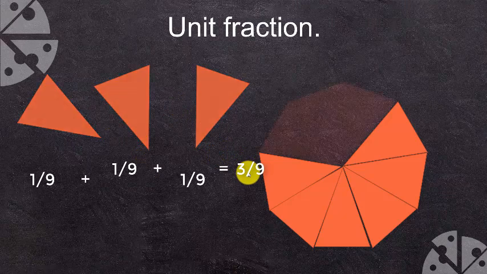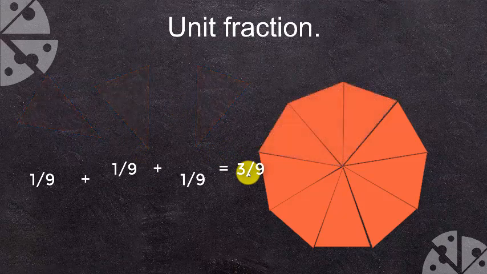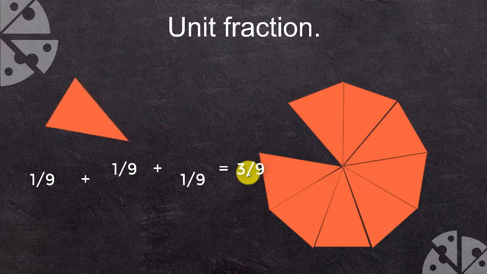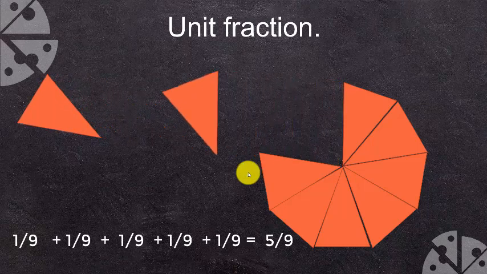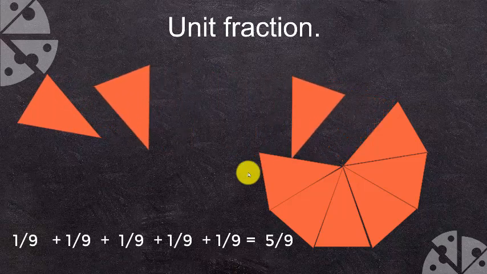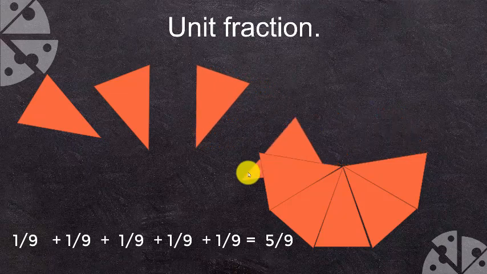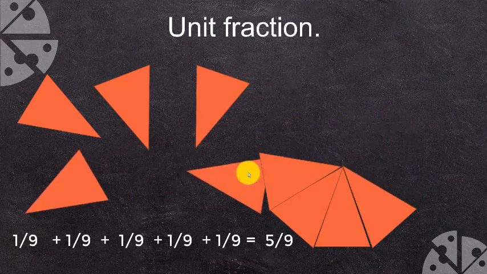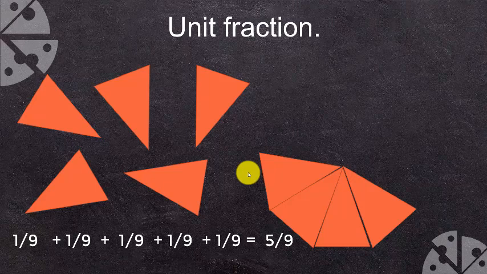Next example. My whole pizza is divided into 9 parts, but I'm not going to take just 3 slices. I'm going to eat more. 1/9 plus 1/9 plus 1/9, another, and another. I took 5.